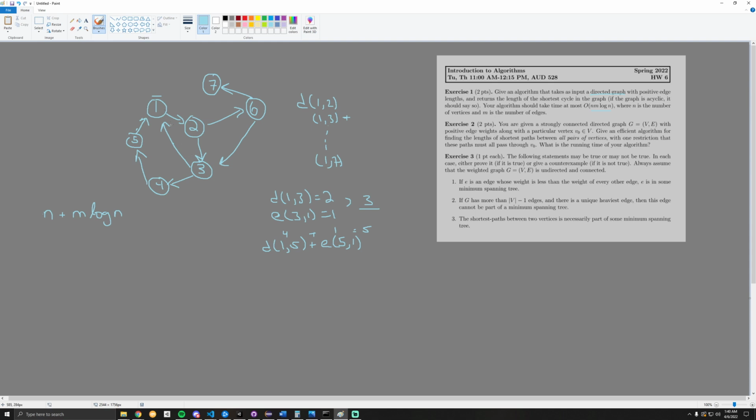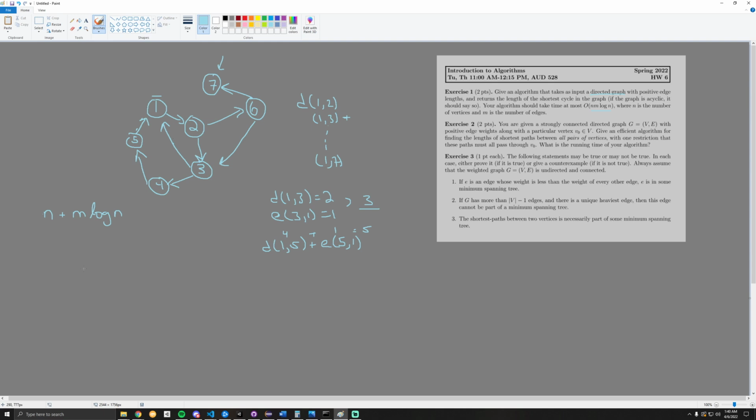Now, how did we know to pick 1? We might have ended up picking 7, and if we picked 7 to start out with, we wouldn't have found any cycles, and we would have said, oh hey, this graph doesn't have any cycles.